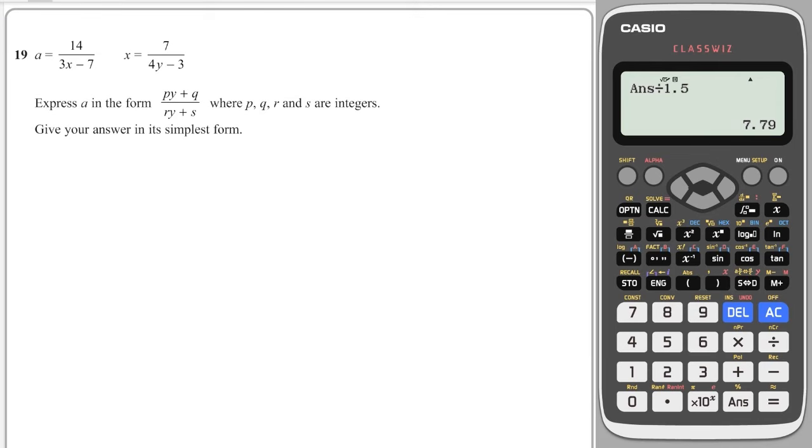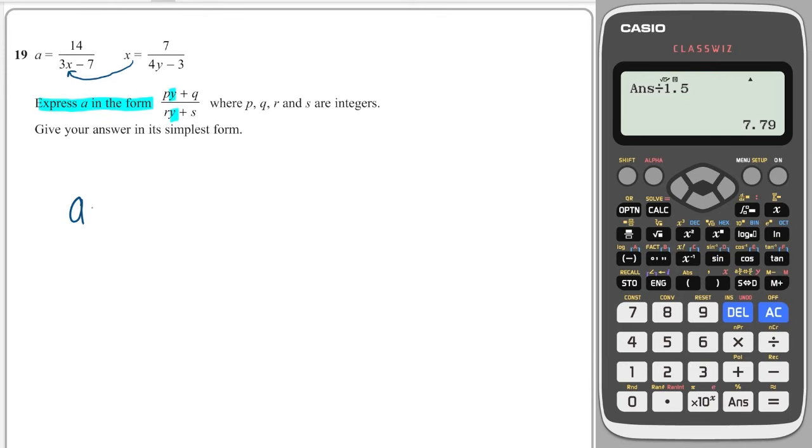Okay, question 9 looks like a standard algebra question whereby you need to express a in the form of just y's and integers p, q, r, and s. So it looks scary, but essentially what we need to do is eliminate x by substituting it in over here.